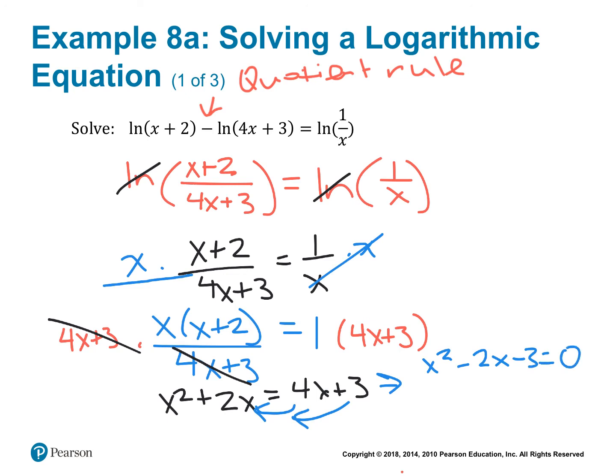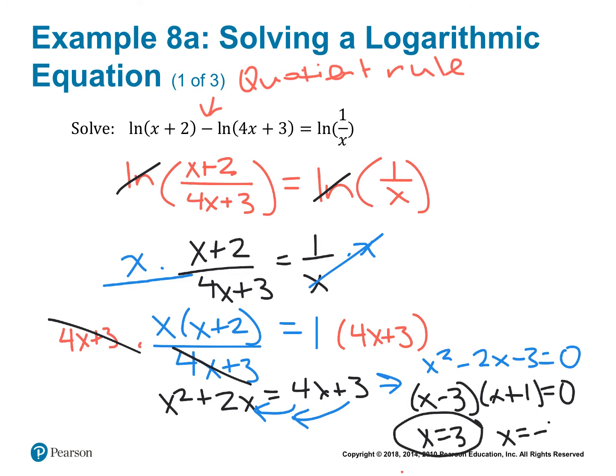And we can rewrite that as (x - 3)(x + 1) equals 0. Meaning that my two answers would be positive 3 or negative 1. And then we're going to check those to see if they both work or if one of them works on the next two slides.